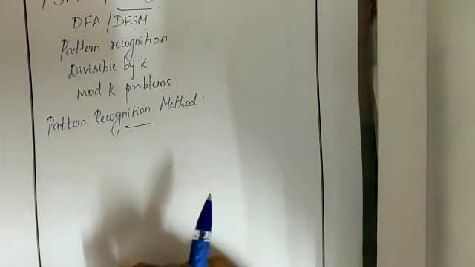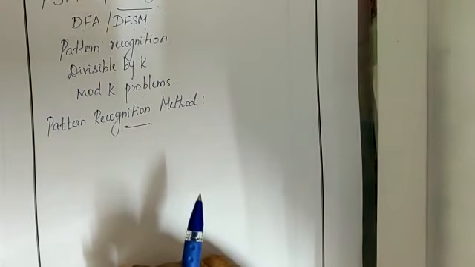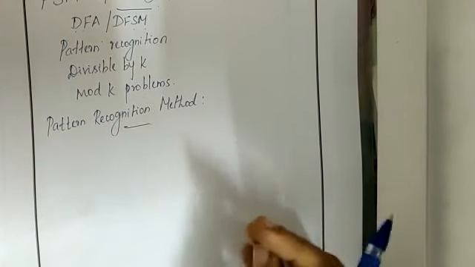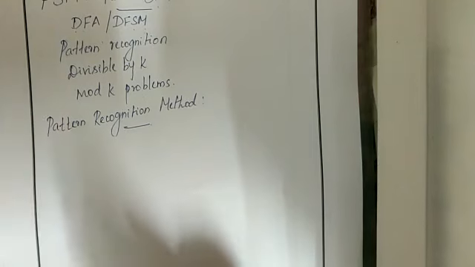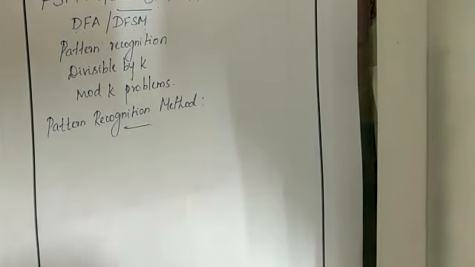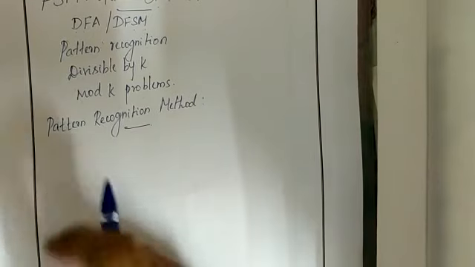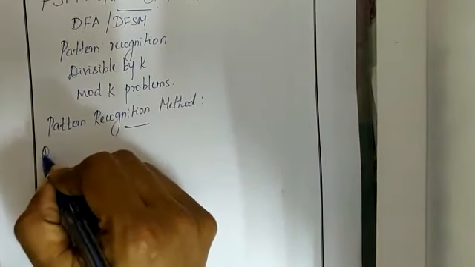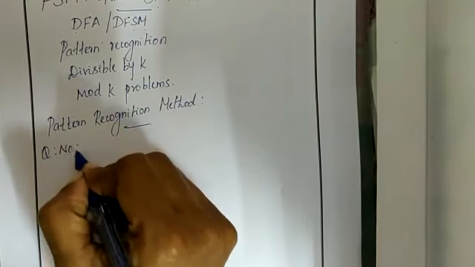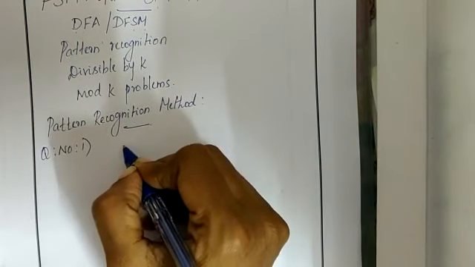So you will be having questions like draw a DFA to accept the string consisting of at least 1A, exactly 1A. Some pattern will be there in your question. So I'll write the first question so that it will be easy for you to understand.